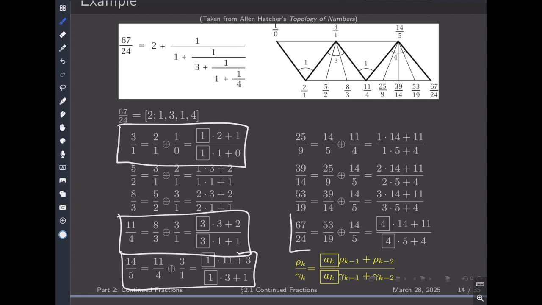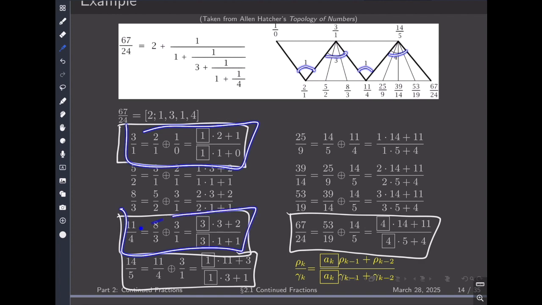Because we know that they satisfy the recursion and we have the same initial conditions. I know that if I consider these integers, what I obtain is precisely the same sequence of rational numbers that I obtain from this one, because I'm going to have the same recursion and same initial conditions.